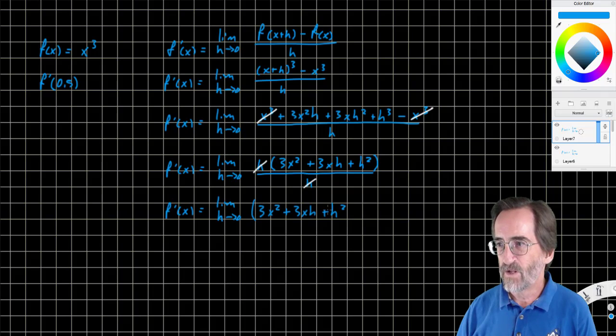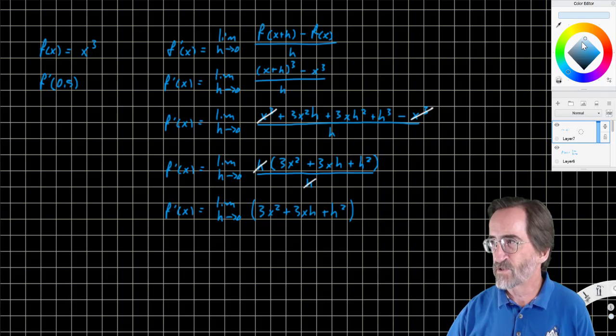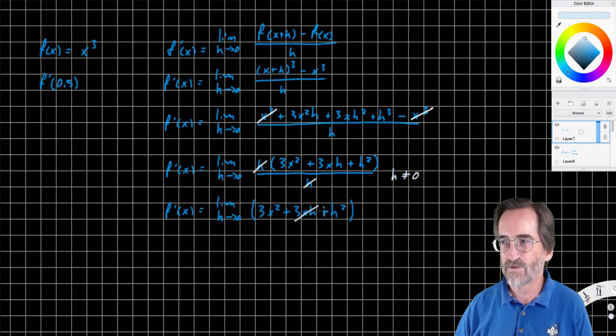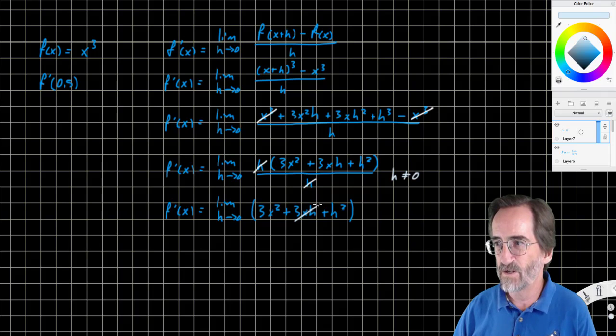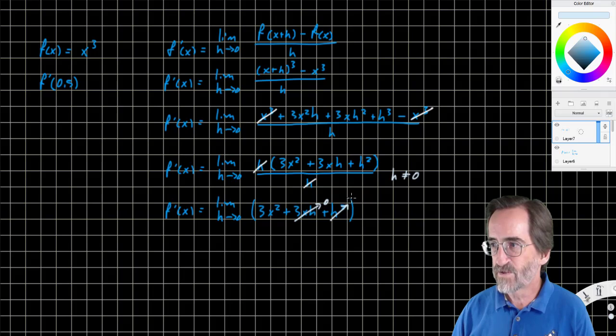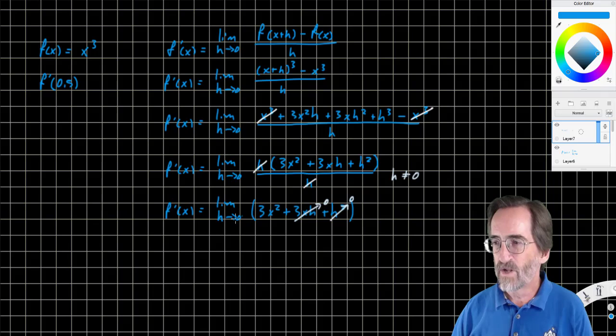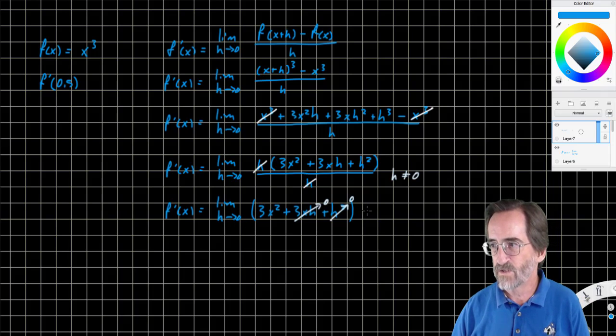And technically we need parentheses here. All the h terms are going to go to 0, and notice we've canceled the h on the bottom, so we don't need to worry about it. You can't let h actually equal 0, because then that would result in an indeterminate solution. But this goes to 0, this goes to 0. All that's left is 3x squared. 3x squared doesn't care what h is, so it is 3x squared.